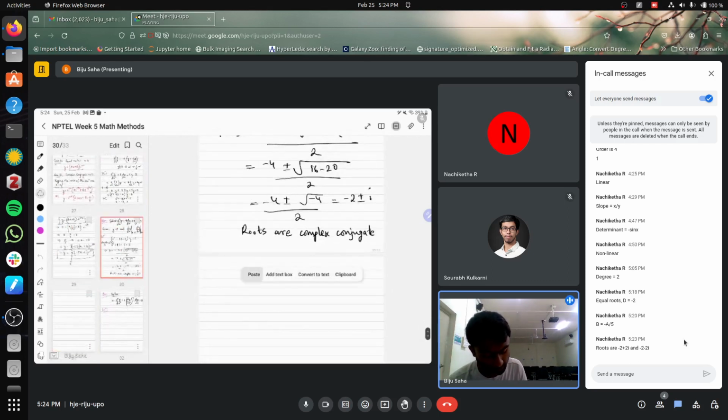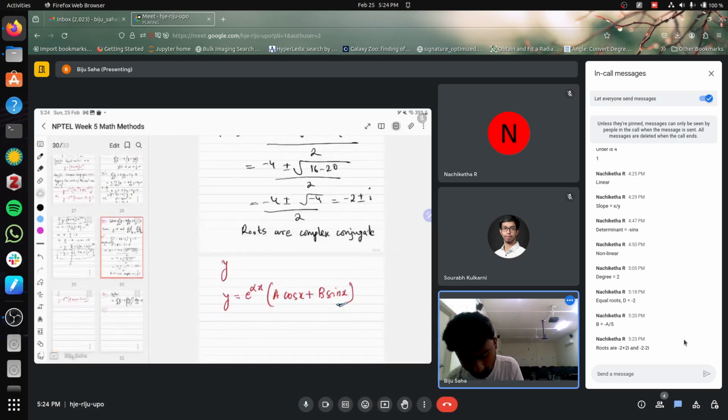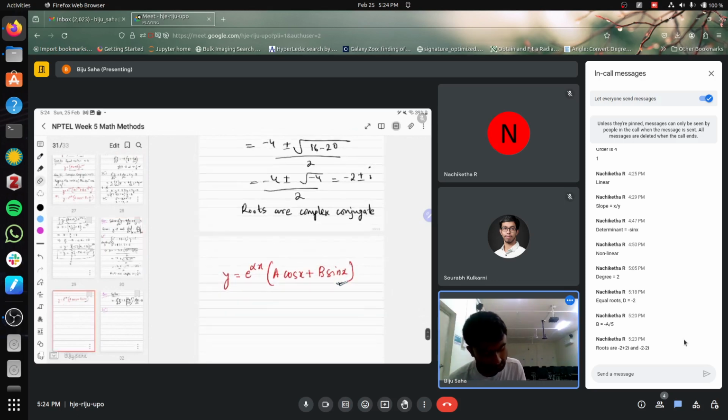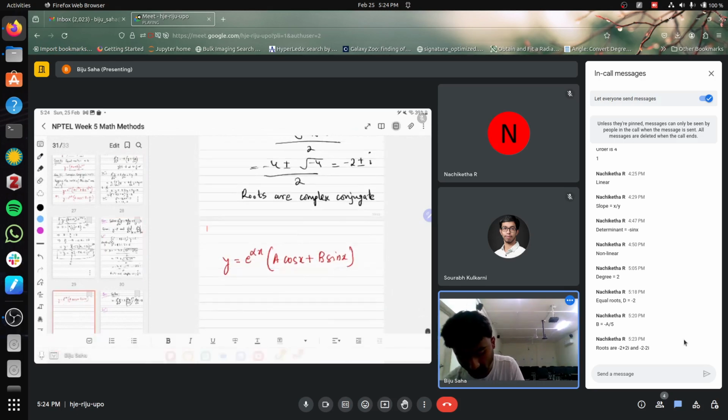Before that, what are the real and imaginary parts? Alpha was my real part, and this would be like beta x somewhere. Beta was my imaginary part.